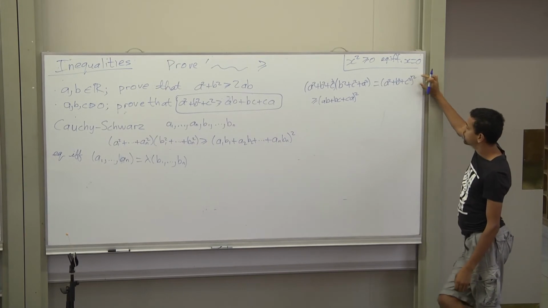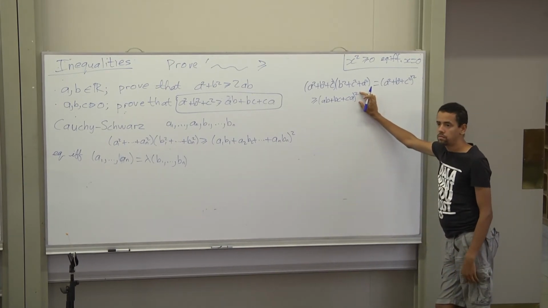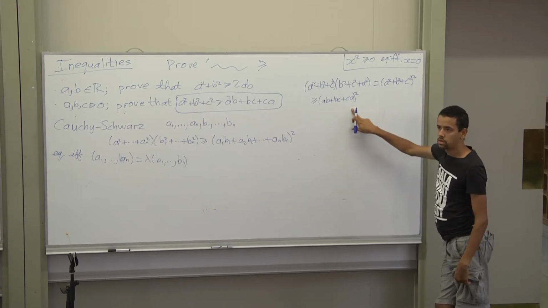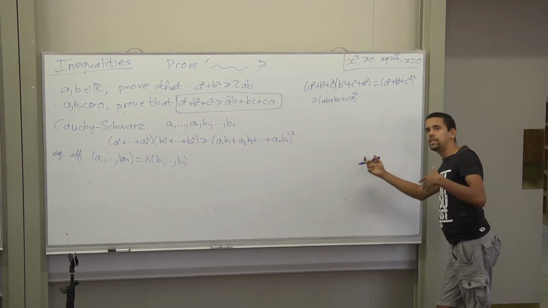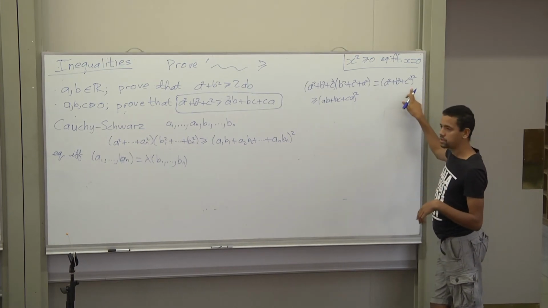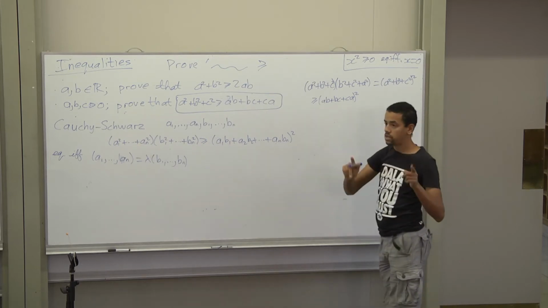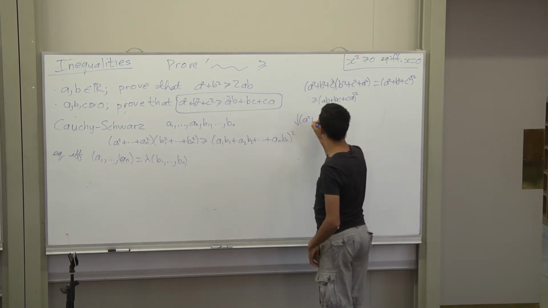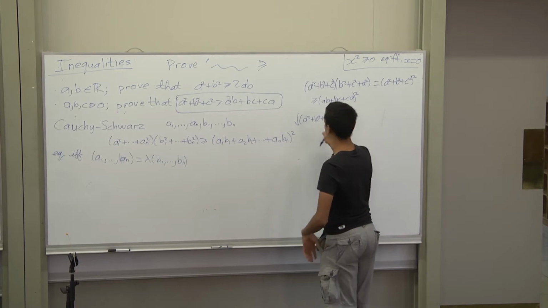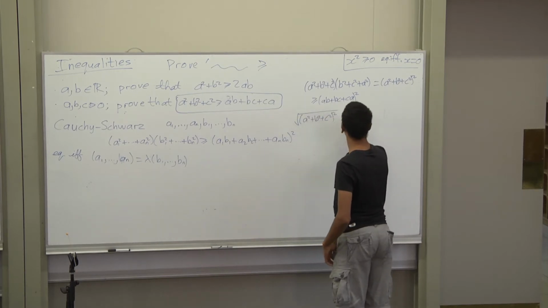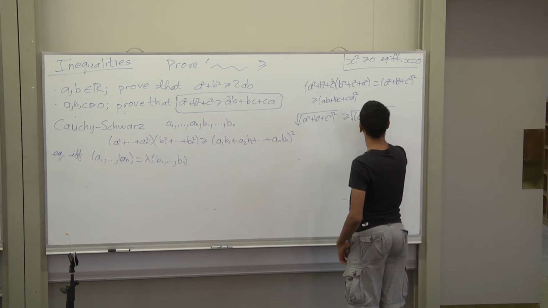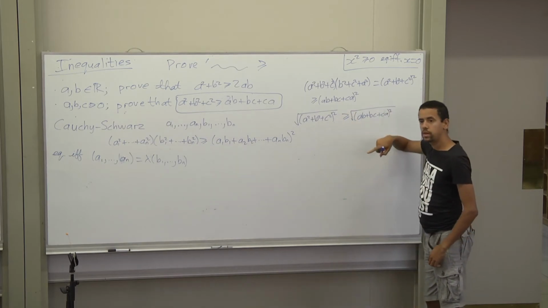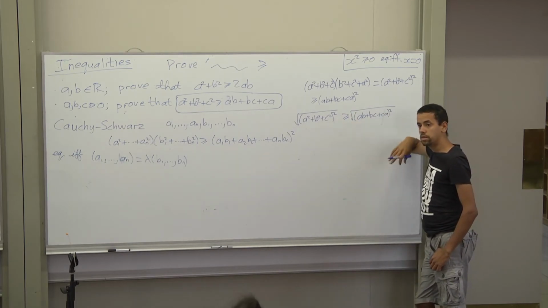One number squared is greater than or equal to another number squared. Can I then say that the inside number is greater than or equal to that one? Not yet. It's not negative, so yeah, it's not negative. Yeah, because the first one is non-negative. Okay, in general, what I can say is that the square root of the one side, even if the inside is not non-negative, is greater than or equal to the square root of the other side. And the square root of a square is what? The original thing?